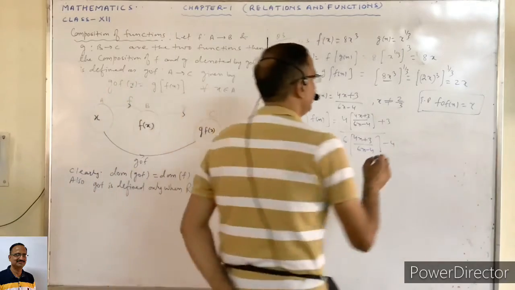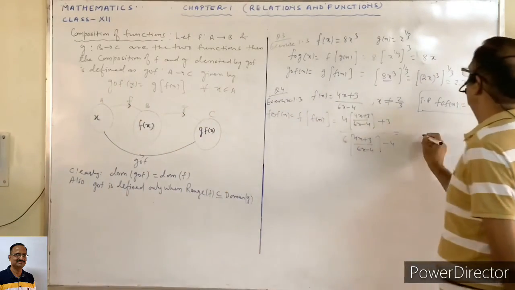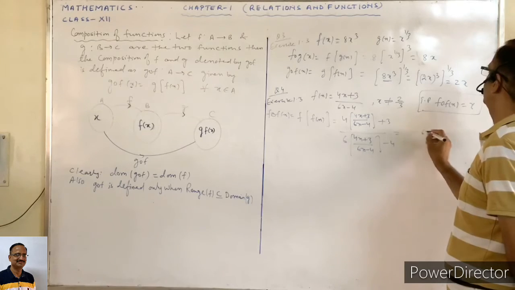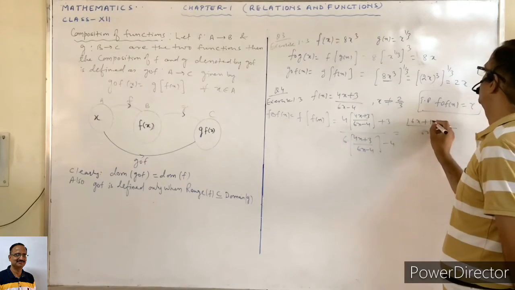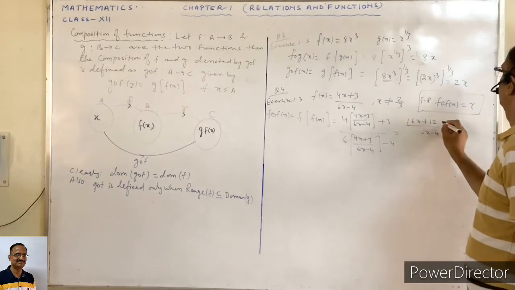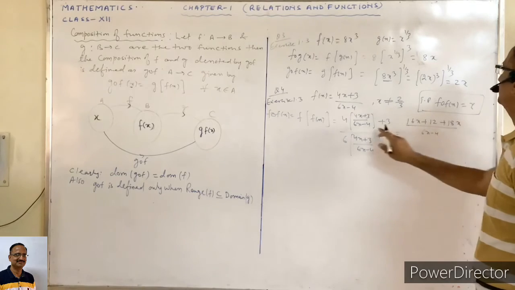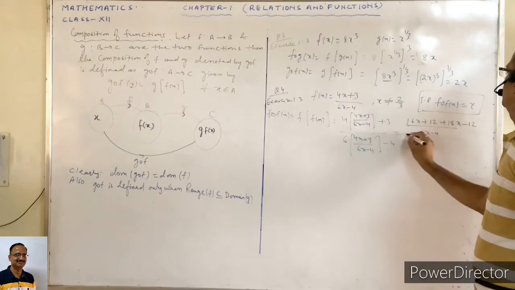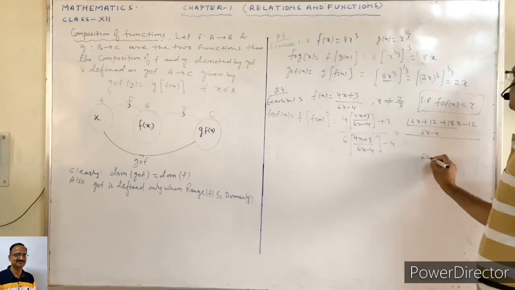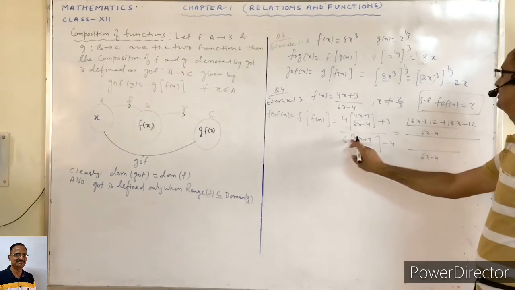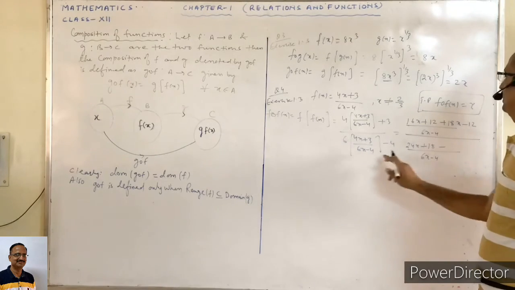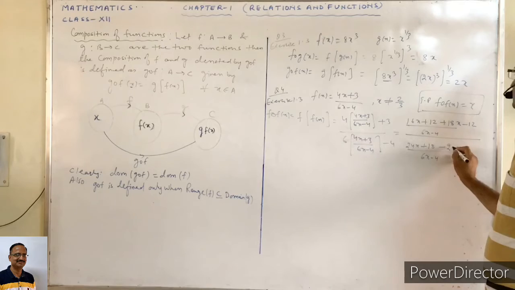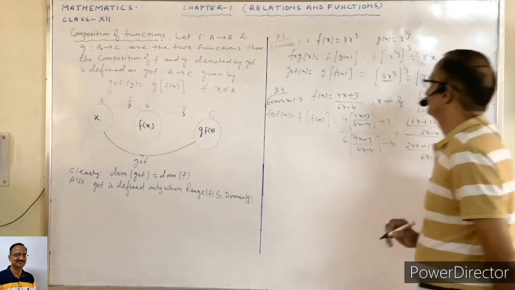Now when we simplify the numerator and denominator, the LCM is 6x minus 4, and the numerator is 16x plus 12 plus 18x minus 12. In the denominator we have 6x minus 4, and this is 24x minus 18 plus 24x minus 16 over it.